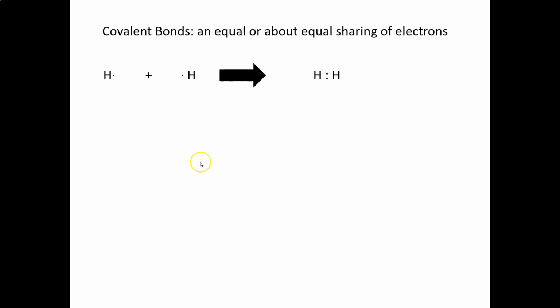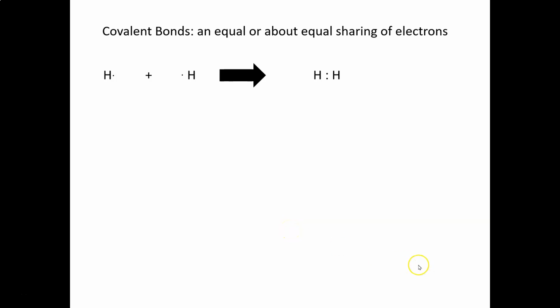Now, in the case of hydrogen, since it's the same atom, they have the exact same electronegativity. And it's the electronegativities that really determine how much of an electron a specific atom holds on to.